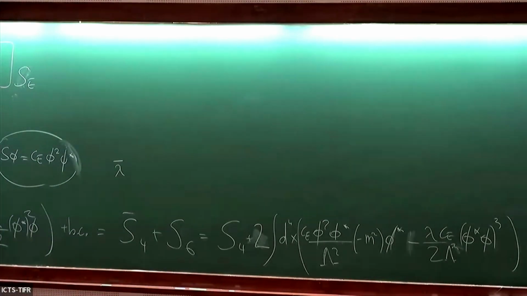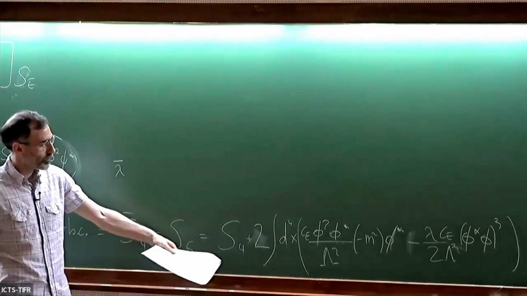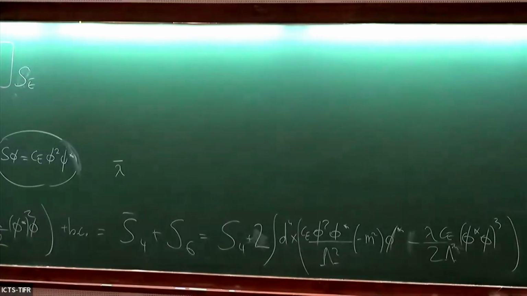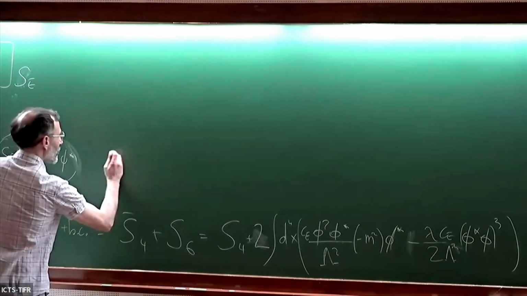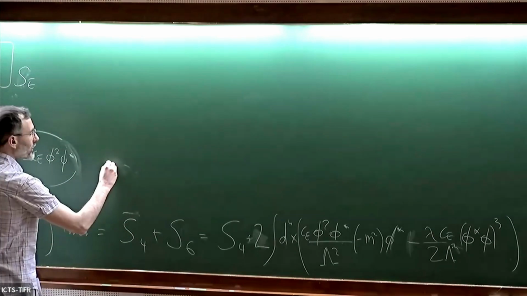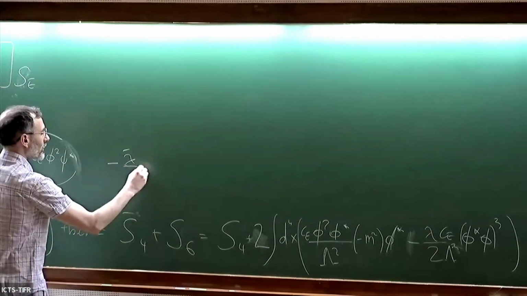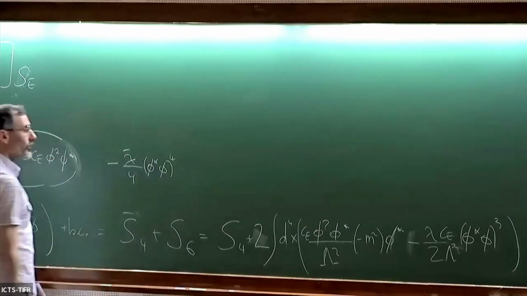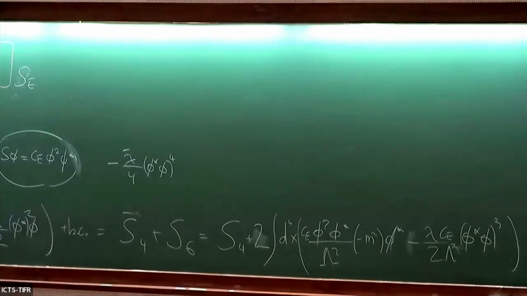The mass term is going to be the same, but this lambda bar will be related to the lambda in this S4 plus that extra contribution there. I'm going to make it a bit clearer for you guys. So in here, there's going to be in the action a term that is minus lambda bar over 4 phi star phi to the 4th power, because that's just our definition of S4 with a bar on it. Every parameter gets a bar.